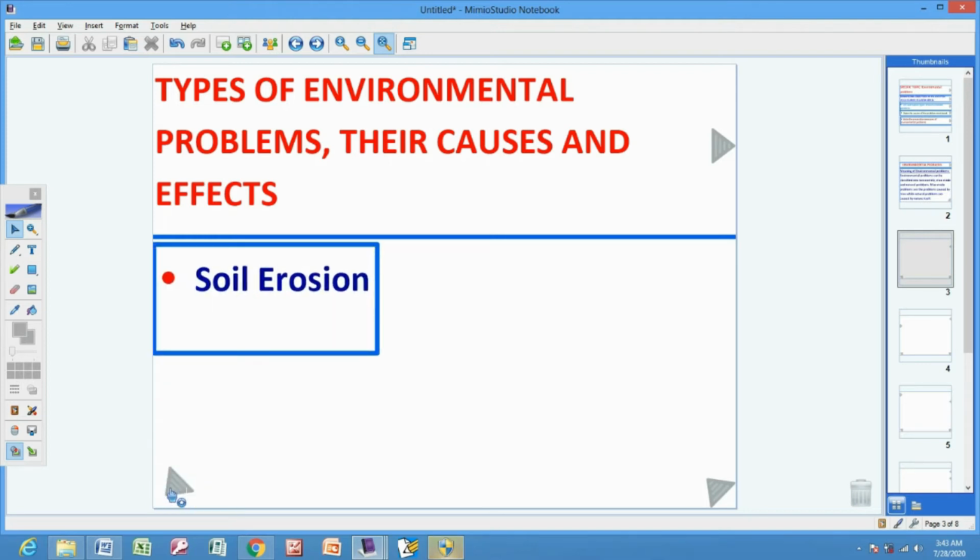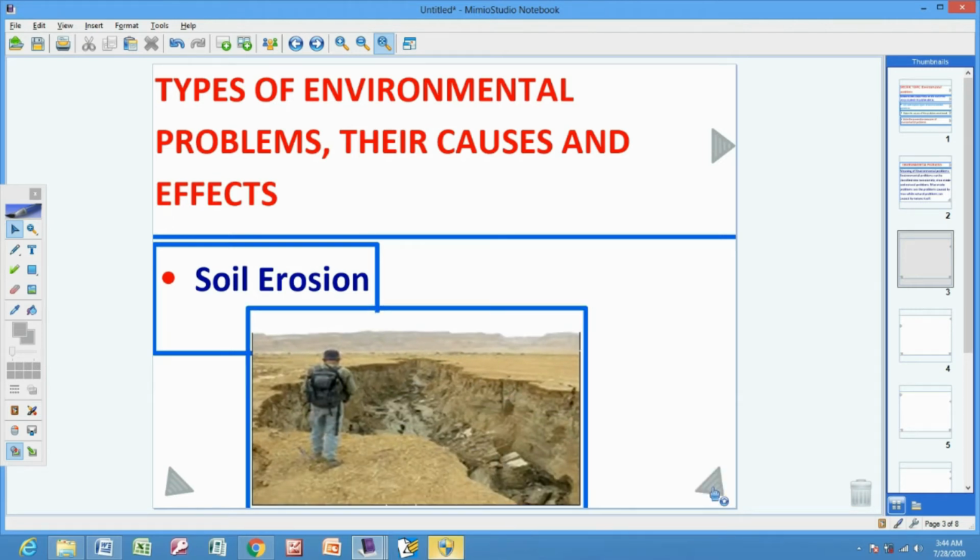Here we have soil erosion. Soil erosion is an example of environmental problem. So what do I mean by soil erosion? Soil erosion is the removal of the most fertile top layer of soil through water, wind, and tillage.